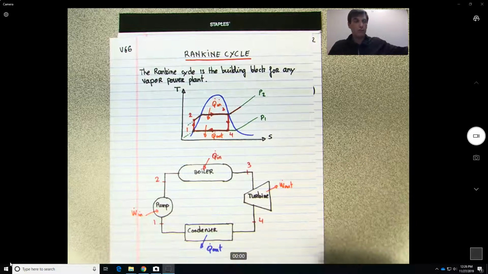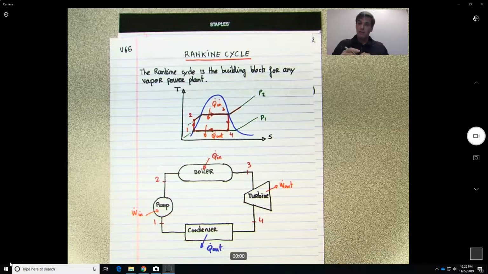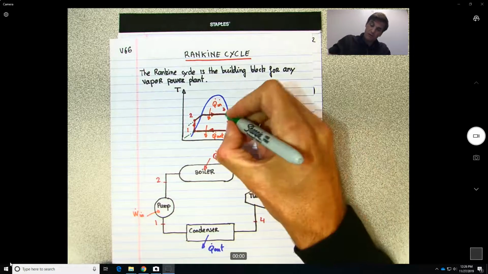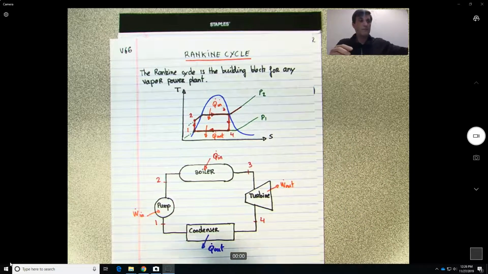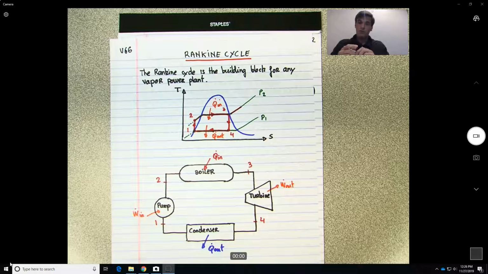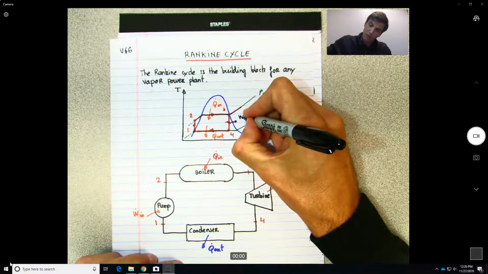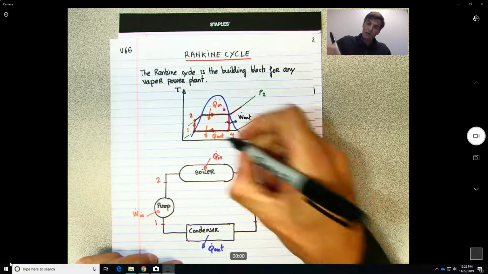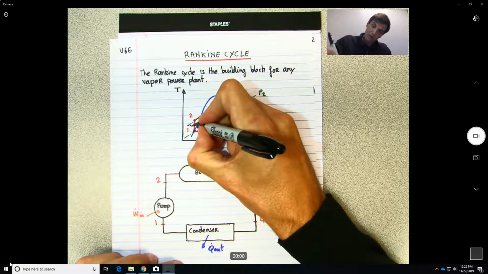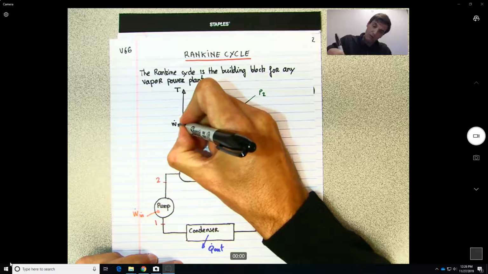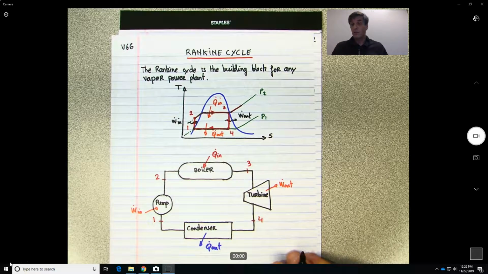We might be able to make it work. Now, process 3, 4. Not sure about what color to use, maybe the black. Here's the one that you generate the power out, and on the 1, 2 here is when you need to put the power in. Okay?